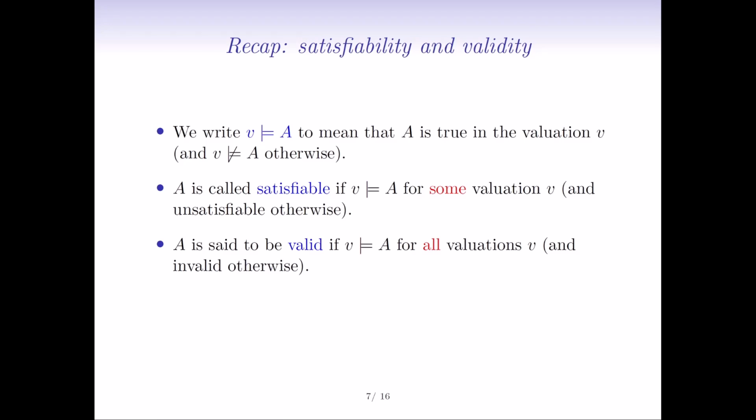Similarly, the formula A is said to be valid if it is true in all possible valuations. In other words, if all lines of the truth table turn out to be 1, or if V satisfies A for all possible valuations V. If there's at least some way of making the formula false, then the formula is said to be invalid.